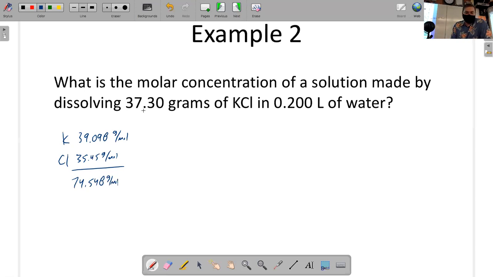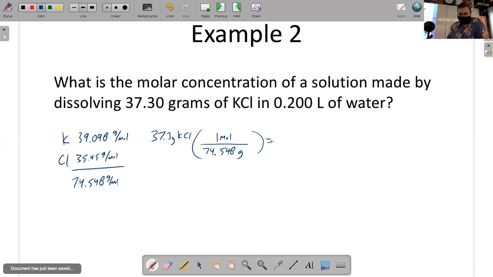So first off, this 37.3 grams of potassium chloride, you can convert that into moles using the formula mass for potassium chloride, 74.548 grams per mole. So oftentimes, as you work your way through courses, especially in chemistry and other science classes, you don't just do one thing, you got to do a bunch of things.